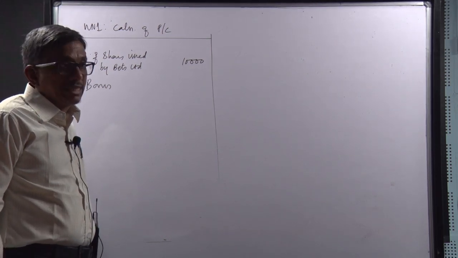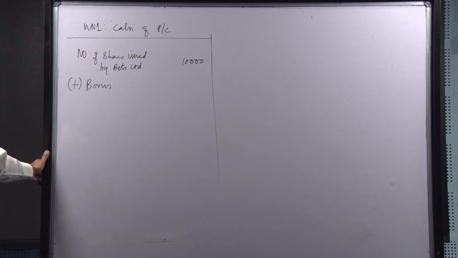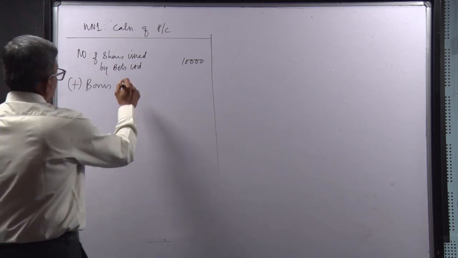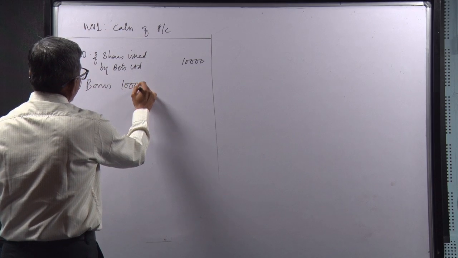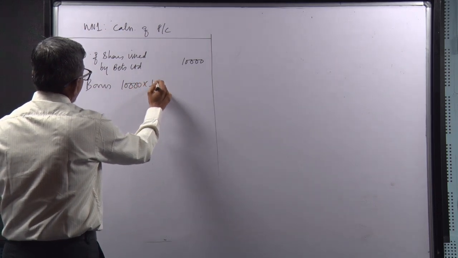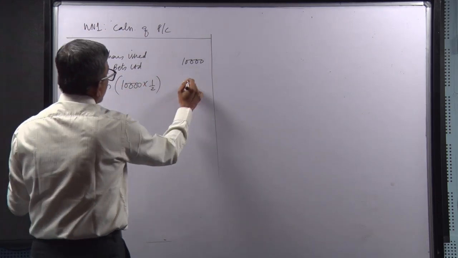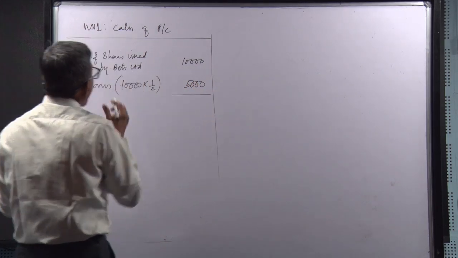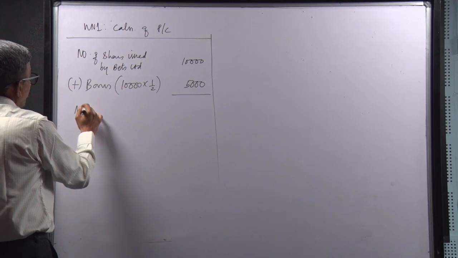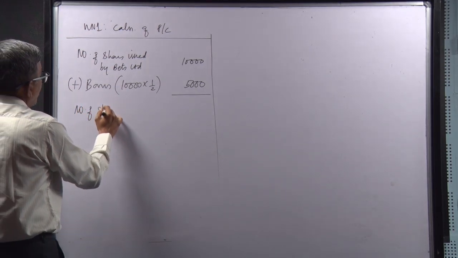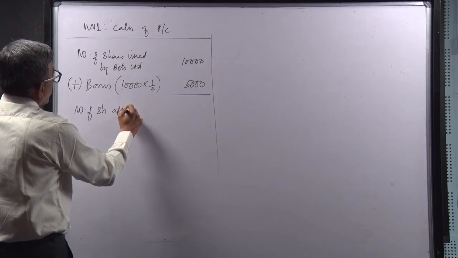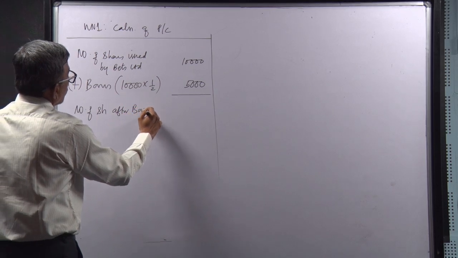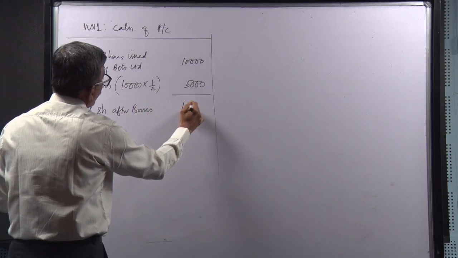That means if you hold 2 shares in Bets, you will get 1 bonus share. So it will be 10,000 into 1 by 2, 5,000 bonus shares will be there. Therefore, number of shares after bonus is equal to 15,000.